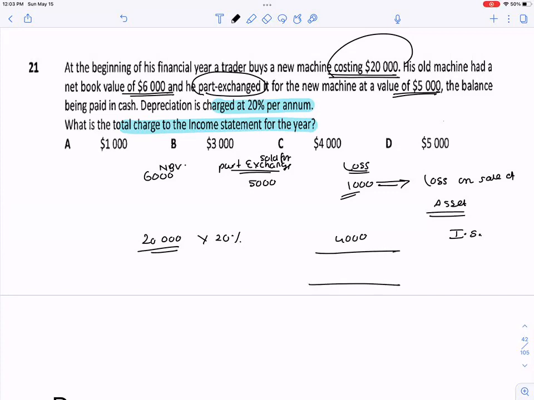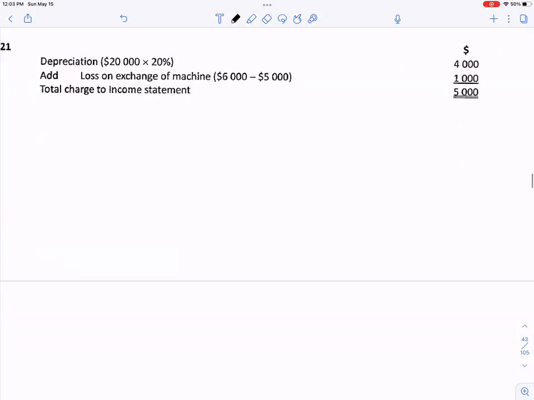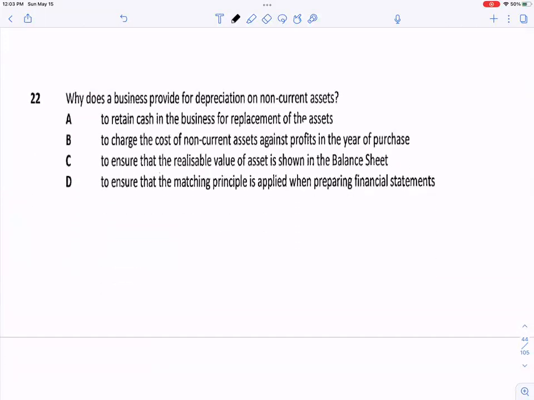So what is the total amount that will go in the income statement? 5,000. So 5,000. Depreciation will also go in the income statement. Normally, people forget to charge the depreciation on the asset purchased. Okay? Good.